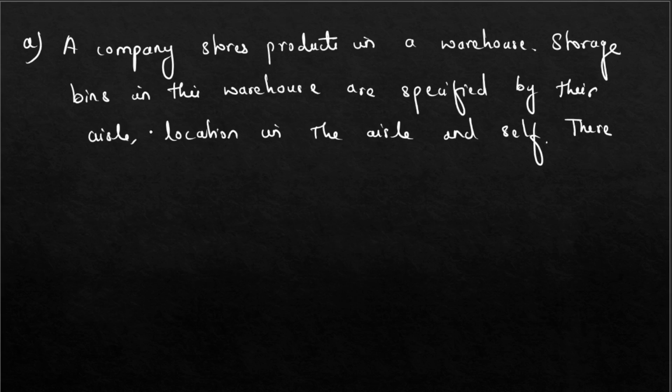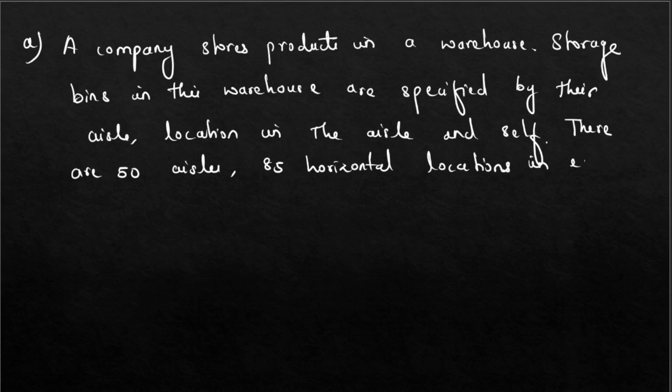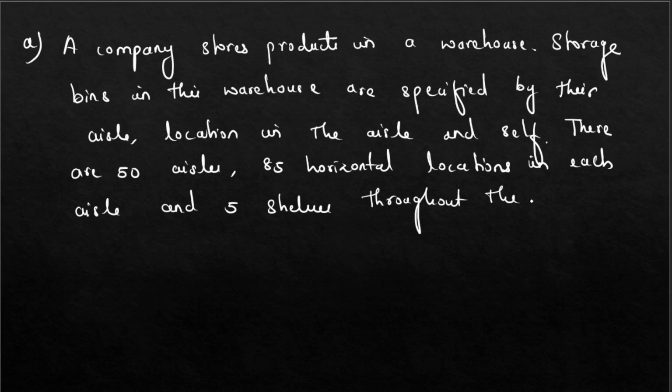There are 50 aisles, 85 horizontal locations in each aisle, and 5 shelves throughout the warehouse.